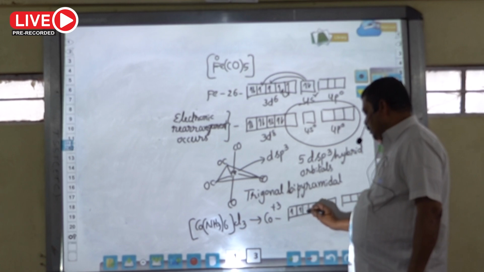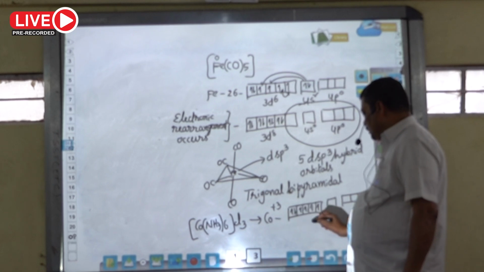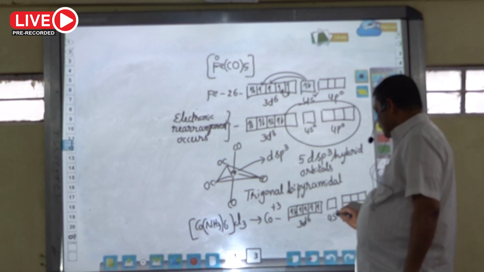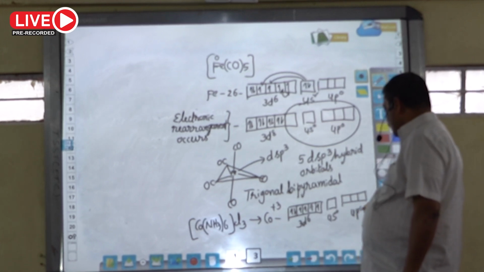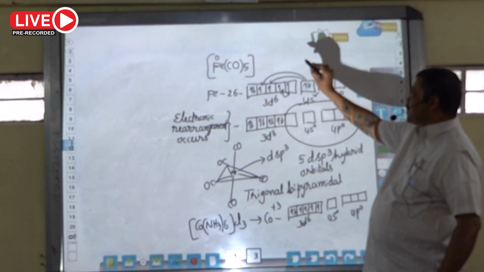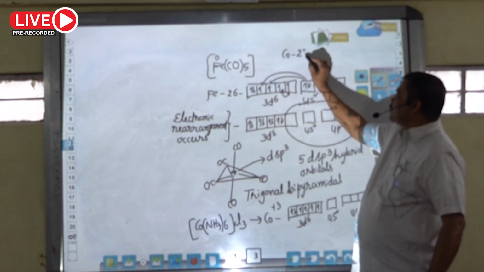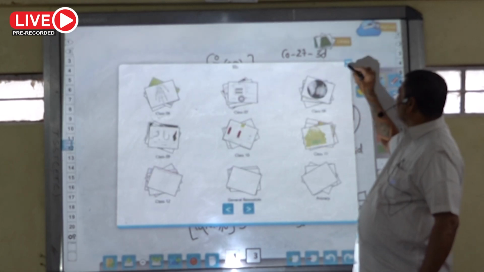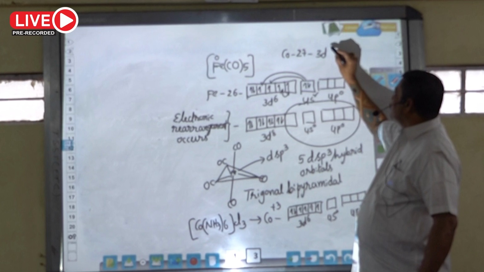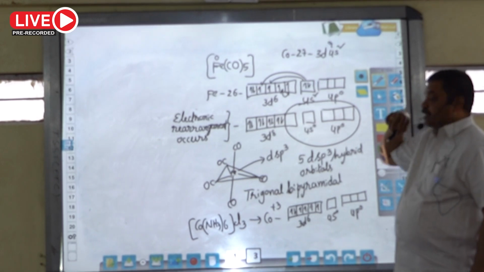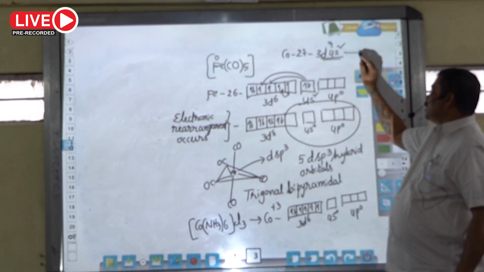Then the electrons will be 3d6, 4s0, 4p0. The actual cobalt configuration is 3d7 4s2. +3 means how many electrons you have to remove?